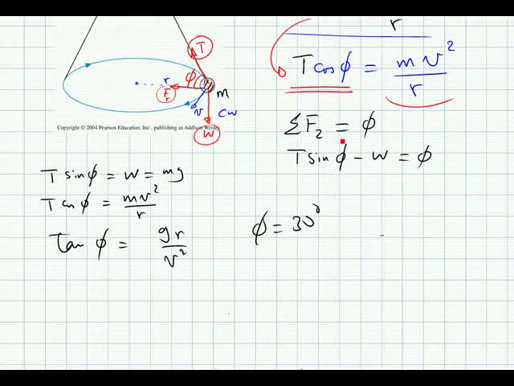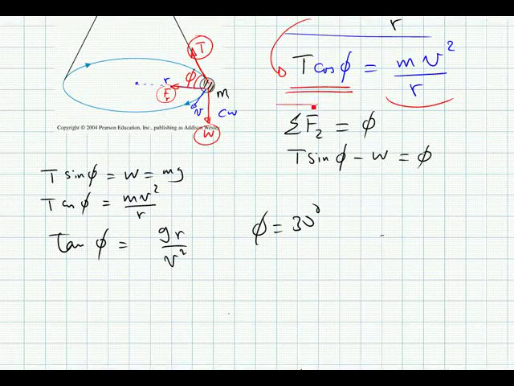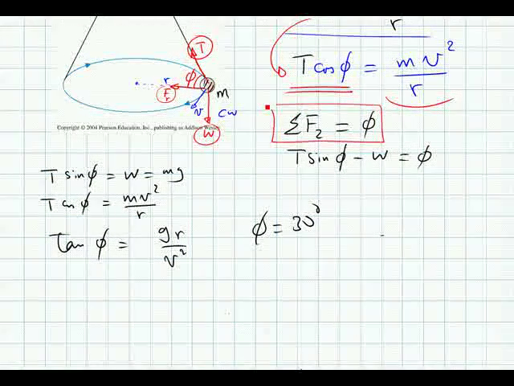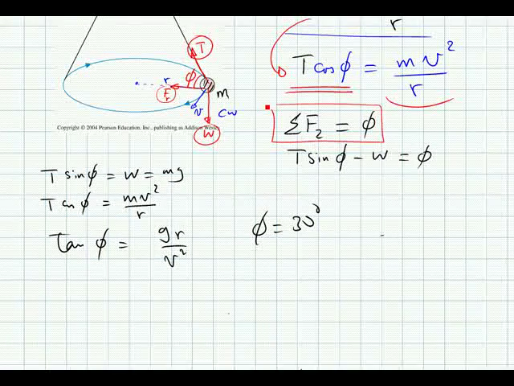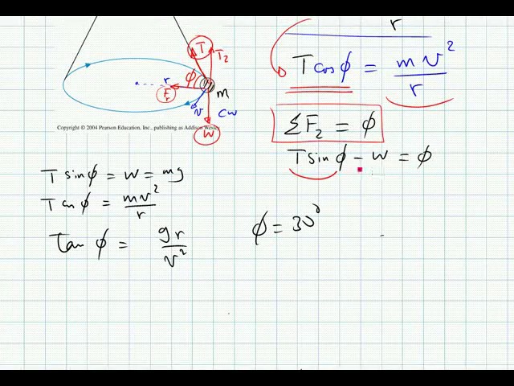In the z direction, we know F_z is equal to naught, because as I said, in circular motion, whether uniform or non-uniform, this is always true. So in the z direction, T_z is T sine phi, and w is down towards the negative z direction, so T sine phi minus w is equal to 0.